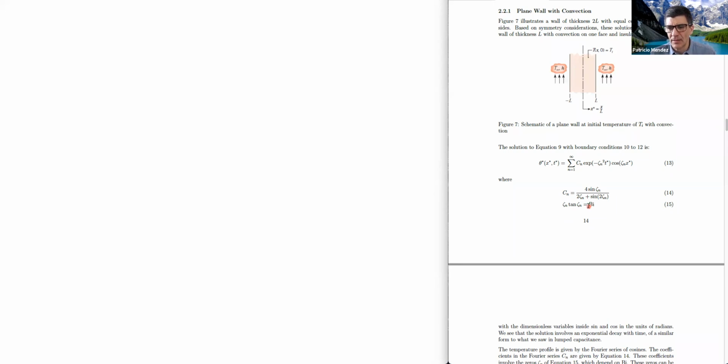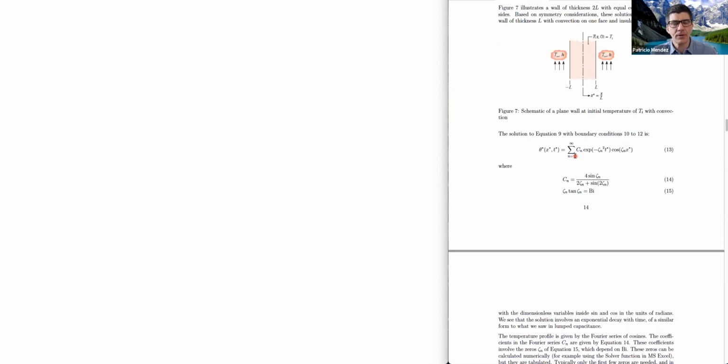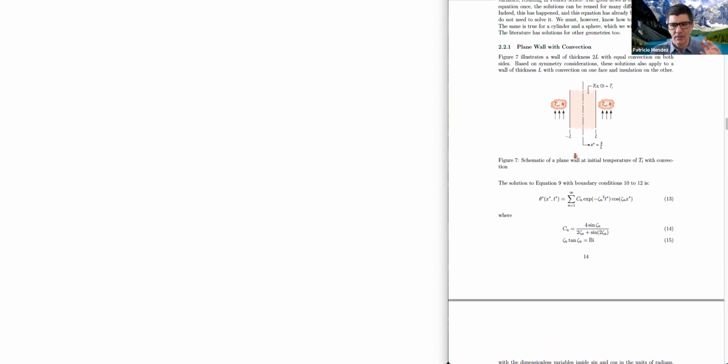So I need to get zeta n, and zeta n depends on Biot. So if you give me Biot, I give you this zeta n, and I will get Cn, and I have the whole solution. All I need is Biot, and I will tell you for every part of the wall at any time what the temperature is going to be. That's amazing.